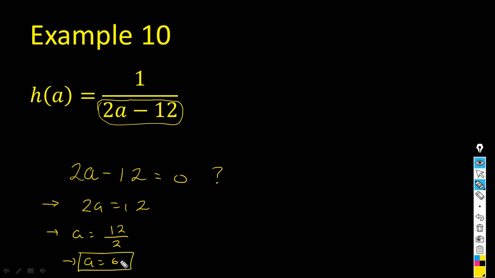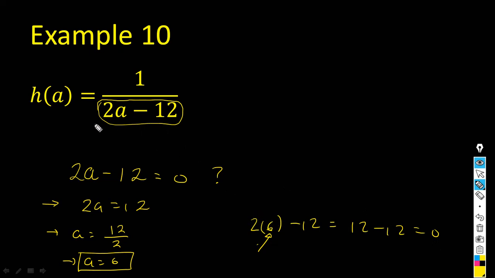That's my answer. For a equals 6, this denominator will be 0. Let's confirm it. 2 times 6 minus 12 is equal to 12 minus 12, which is 0. You see, for this number, you get 0 in the denominator. So that's the only number, number 6, that you have to kick out of the domain.